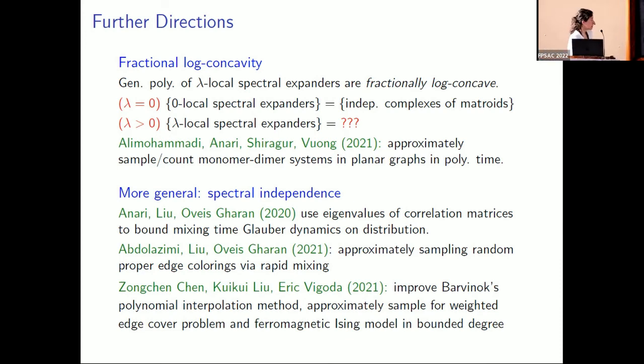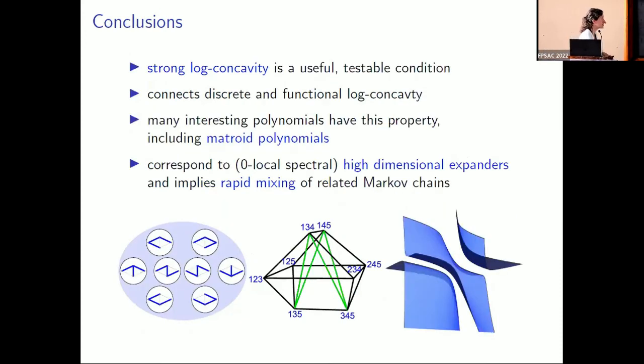So maybe I will try to wrap up and just say, this property of strong log concavity, or Lorentzian polynomials for the aficionados of that, is a useful and testable condition. It's testable because of these characterizations that use small pieces of a simplicial complex or a polynomial to generate the entire thing.